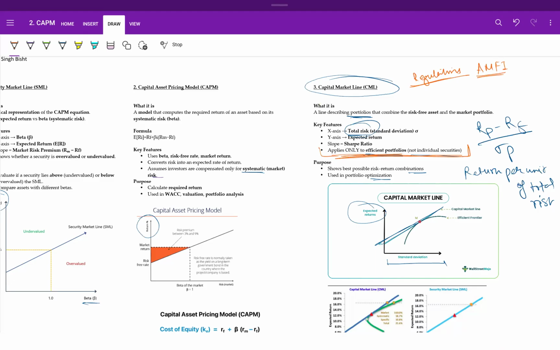There are regulations when we are talking about stocks, from a bank's perspective, from a pension fund's perspective, from any perspective.